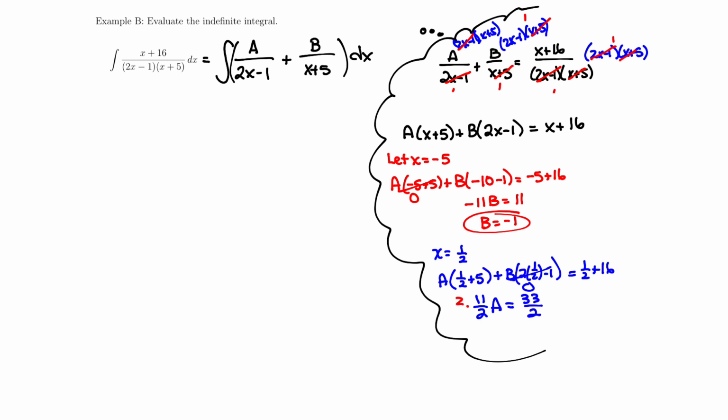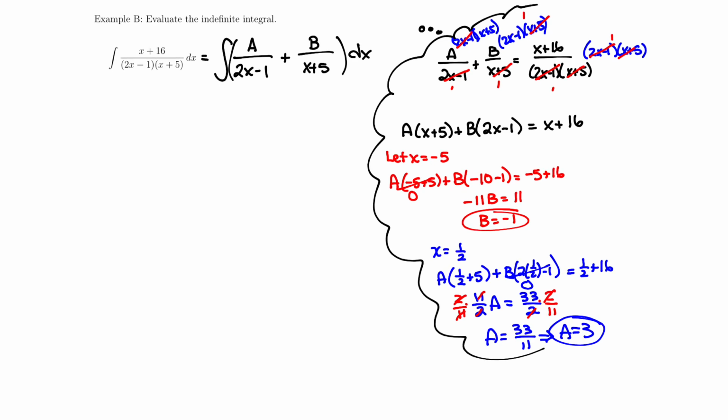Then I have to clear that out by multiplying both sides by 2 over 11. So a is 33 over 11, which is just 3. Did you get 3 and negative 1, Gavin, doing it the other way?